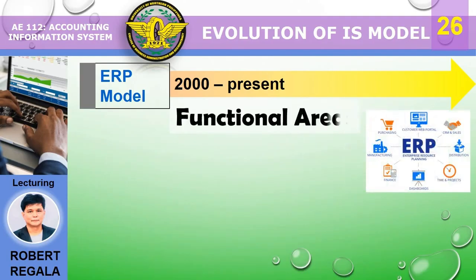Functional areas. An ERP system covers the following common functional areas. In many ERP systems, these are called and grouped together as ERP modules.